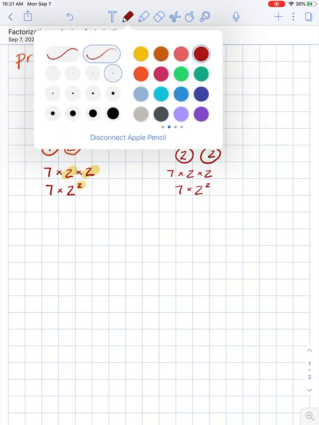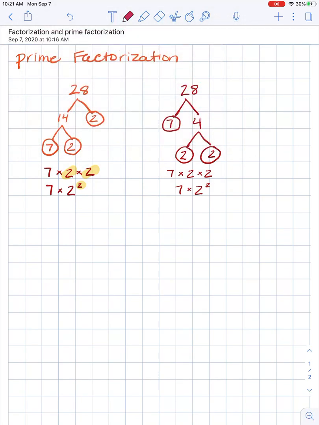Let's do another example here. Let's do 100. Well, I know that I can get 100 by multiplying 10 times 10, right? Neither 10 is prime, so both of those are going to need branches. And I can get 10 by doing 5 times 2 and 5 times 2. Now here we go.